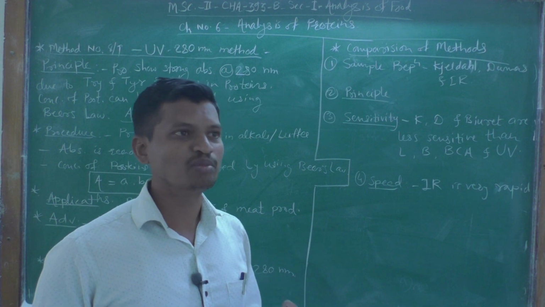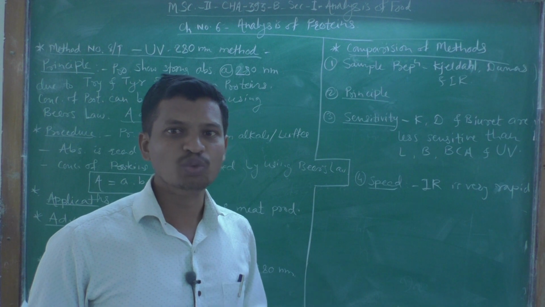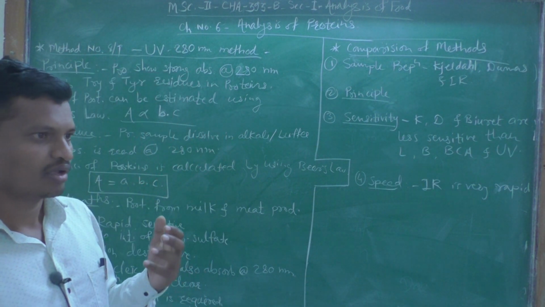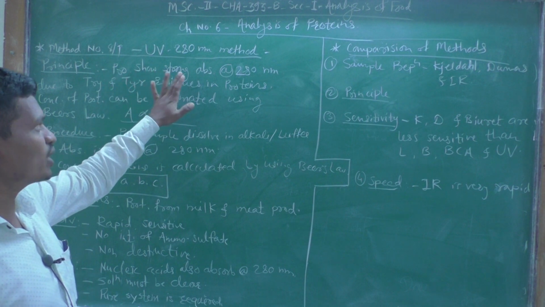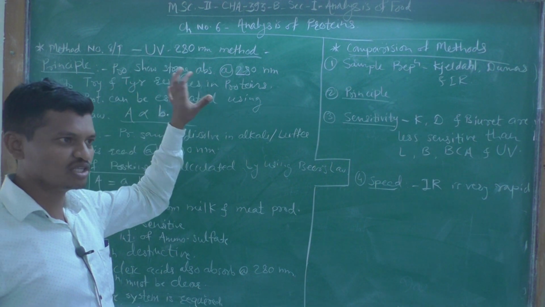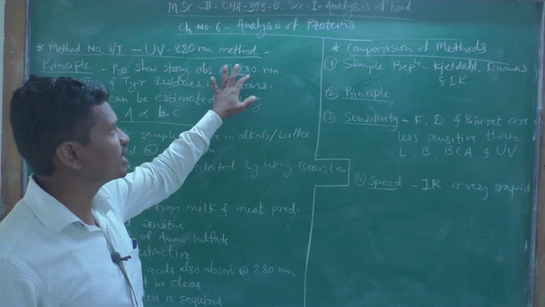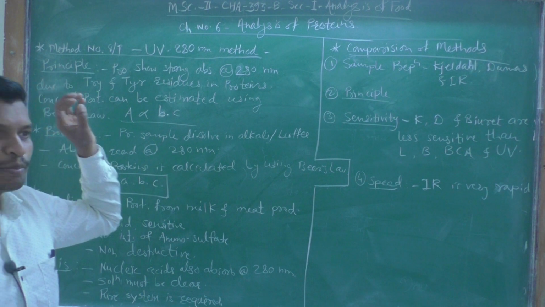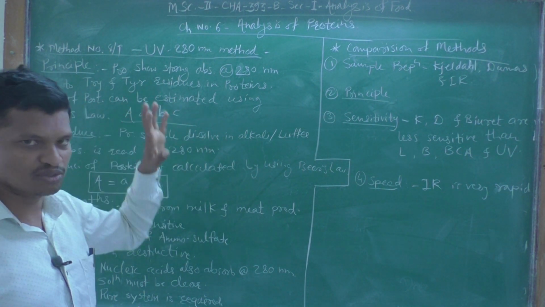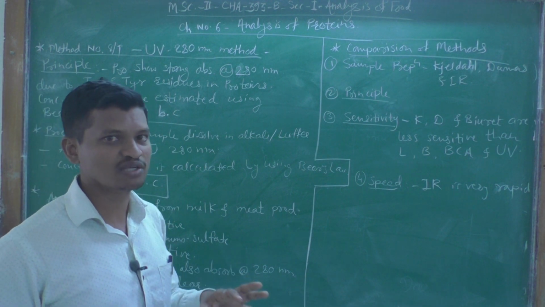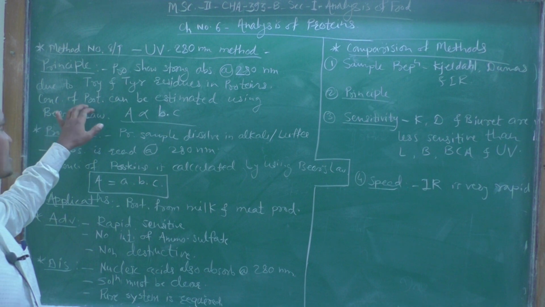Hence the name of the method is UV 280 nanometer method. Mainly proteins show strong absorption, that is lambda max, at 280 nanometer, mainly due to tryptophan and tyrosine residues present in the proteins.